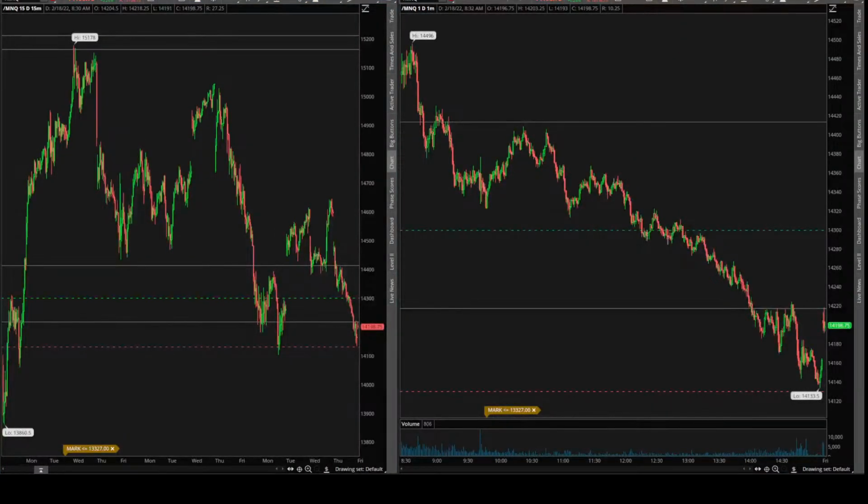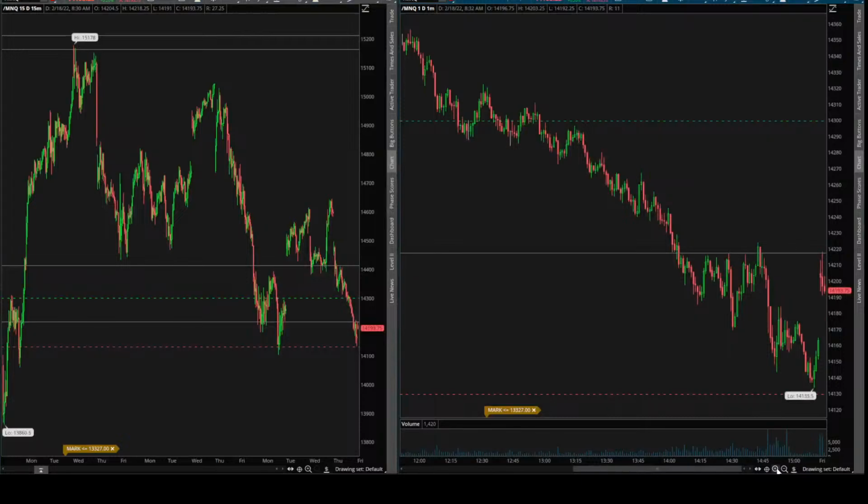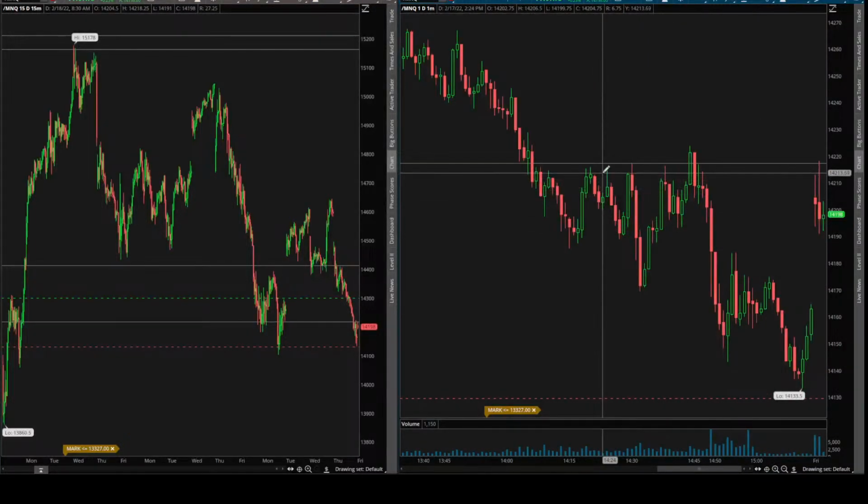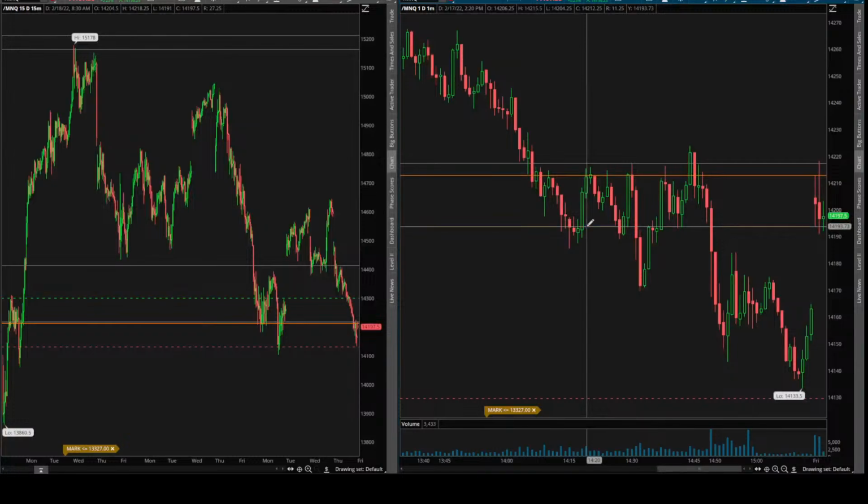Pull up the NASDAQ here. NASDAQ looking weaker as well. It's no surprise that gray line got touched. Let me get the opening range on NASDAQ. Okay. So yeah, looking at the daily on NASDAQ, it also is looking pretty weak.